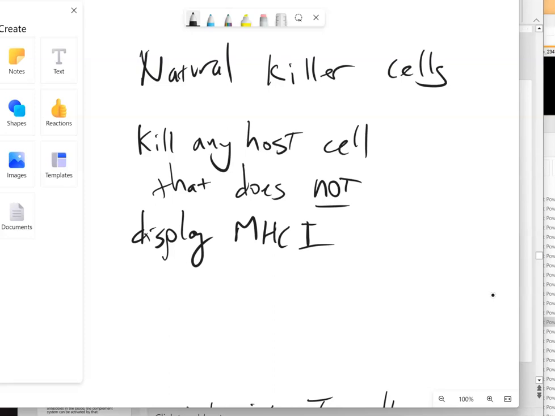Later in an immune response, we really rely on cytotoxic T cells to find every virion factory and kill it. Early in an immune response, natural killer cells are often the first line of defense. So against influenza, these are the first line of defense. If you don't already have antibodies to block viral attachment, you need natural killer cells that are going to find the virion factories and kill them.